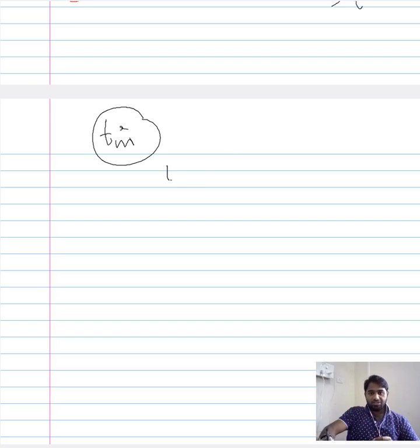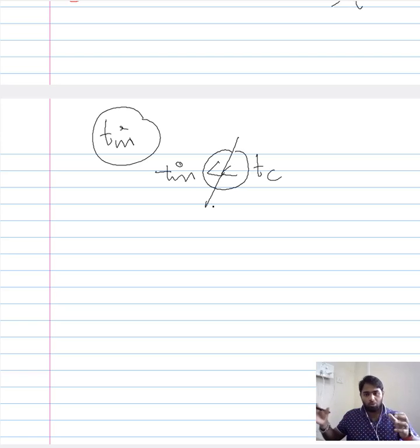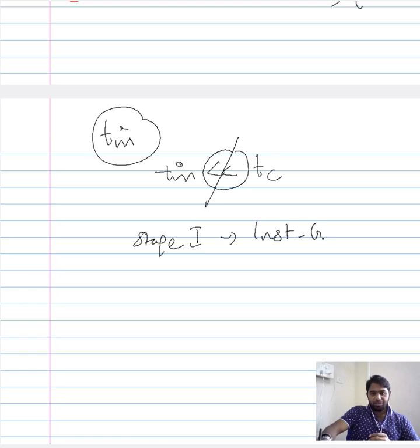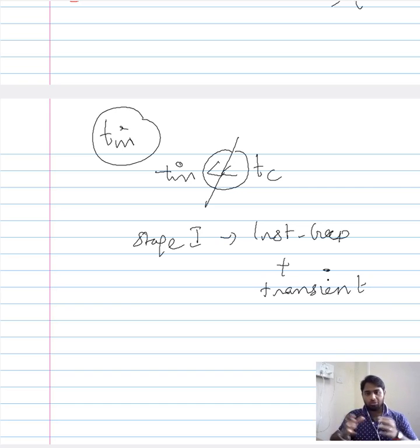When your instantaneous creep is relatable to the overall time taken for the creep, when it is not very much less than the overall time taken, then stage 1 is the combination of instantaneous creep and transient creep.